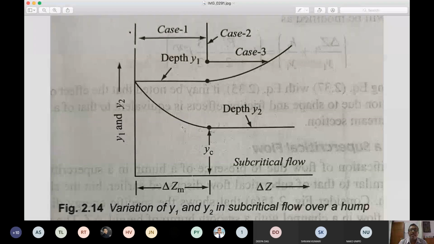In the situation delta Z greater than delta Zm, the downstream depth remains constant at Yc, and the upstream depth will be modified to Y1 dash to provide the additional specific energy required.